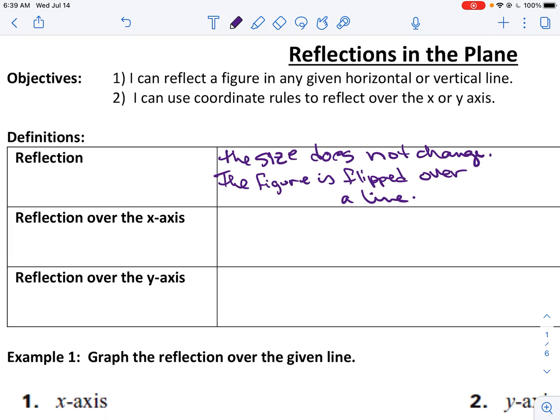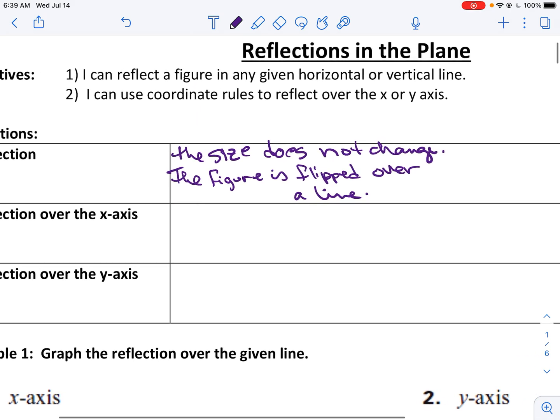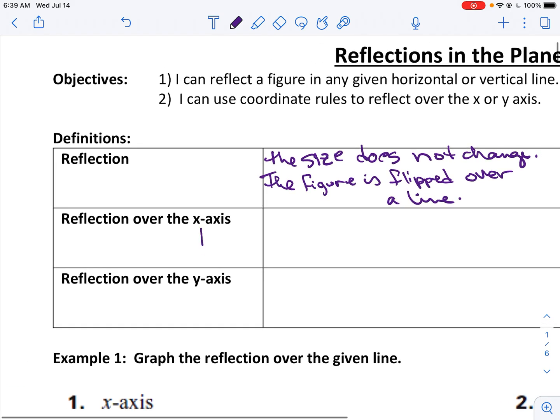Reflection over the x-axis. Okay, so you have to remember this right here is the x-axis. If I flip it over, that was horrible. The x's, there shouldn't be an apostrophe there.